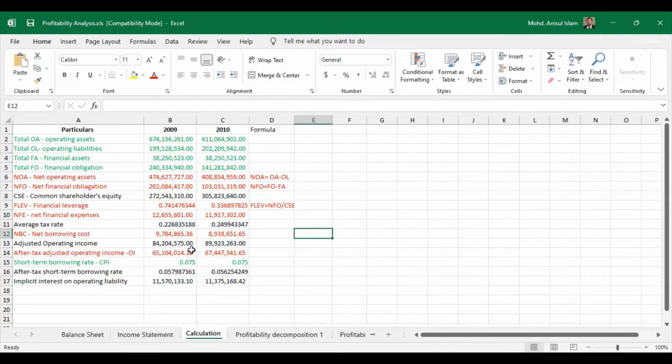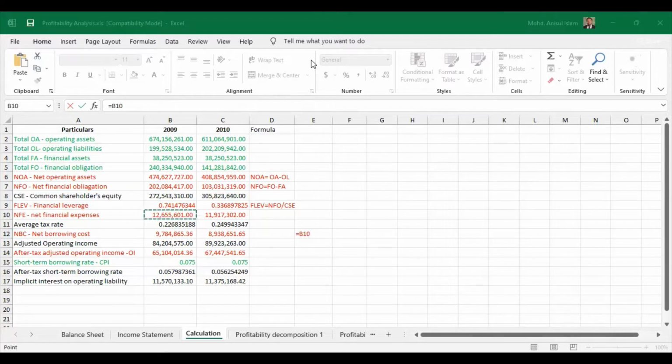We have the net financial expenses. So when we have net financial expenses, do we get a tax benefit or incur a tax burden? When we have net financial expenses, we get a tax benefit. So we need to subtract that benefit.